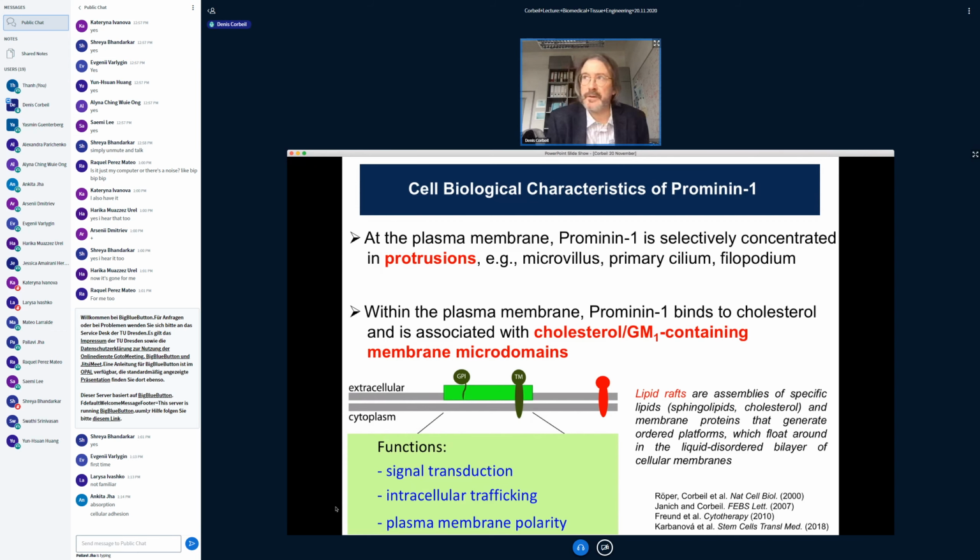If you do immunofluorescence, for instance, and you want to label a protein which is found inside the cell, in the cytoplasm or Golgi, what are you doing?